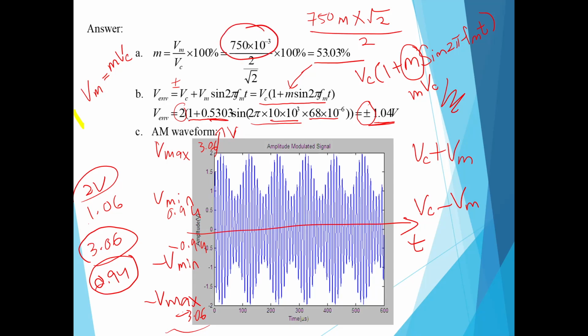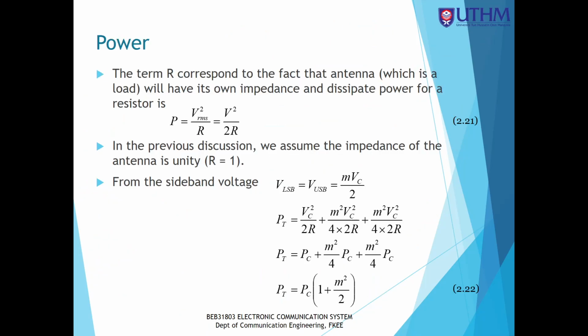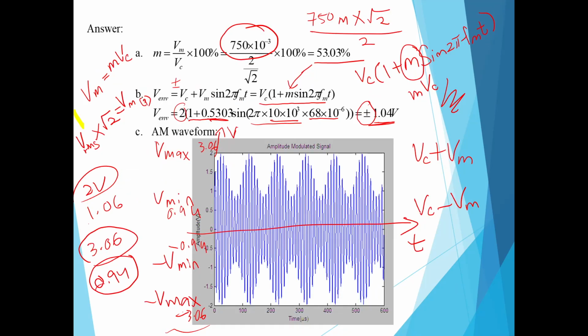That one is in terms of RMS. But when you calculate the modulation index, you need to use the peak amplitude. So in order to convert from RMS into peak amplitude, you need to multiply it with square root of 2. So VRMS multiplied with square root of 2 so that you get VM peak. So maksud 1.06 tu adalah peak value for the VM.